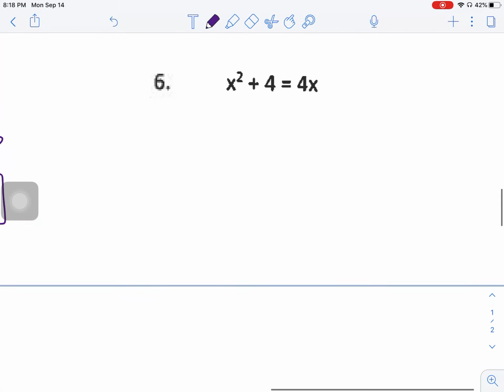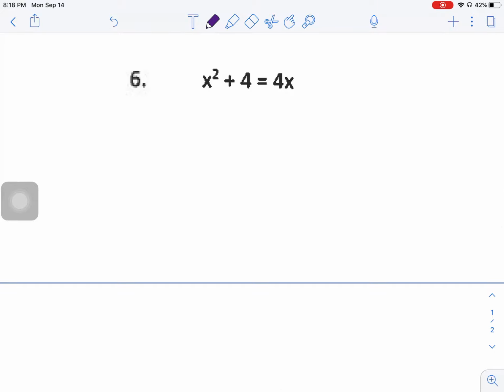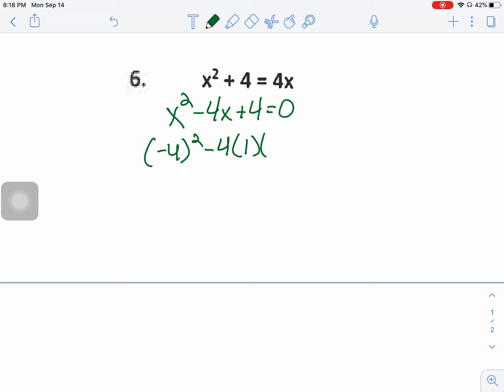Last but not least, problem number 6, also not in standard form. By this point, we've done it a couple of times. We're going to put it in standard form. So x squared minus 4x plus 4 is equal to 0. Use the discriminant. So b squared minus 4a and c. That should be equal to 0.